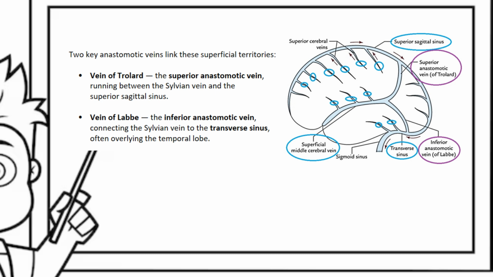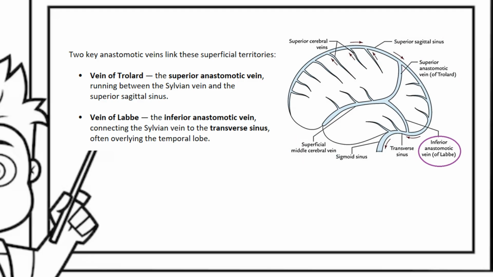The vein of Trolard is also called the superior anastomotic vein, and it runs between the sylvian vein and the superior sagittal sinus. The vein of Labbe, on the other hand, is called the inferior anastomotic vein, and it connects the sylvian vein to the transverse sinus, often overlying the temporal lobe.